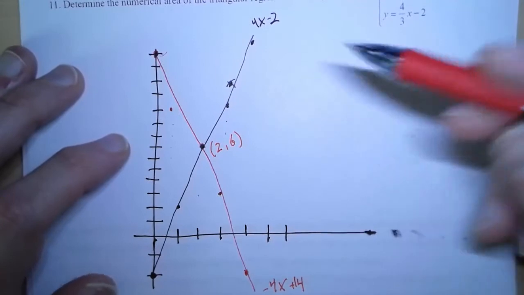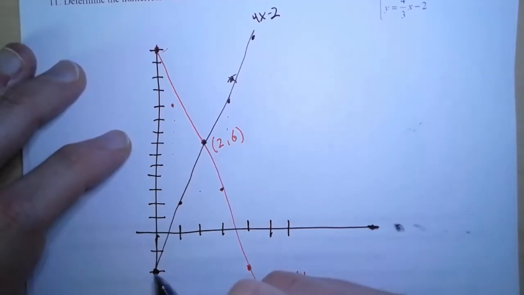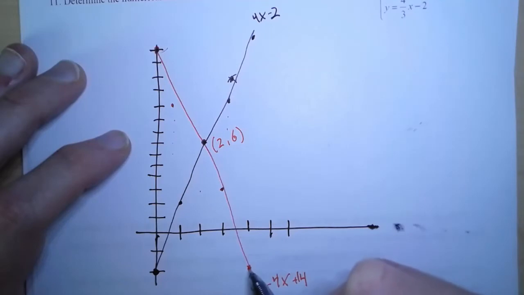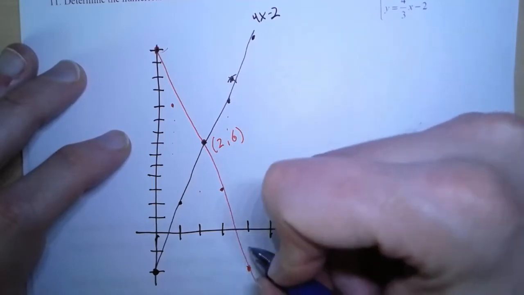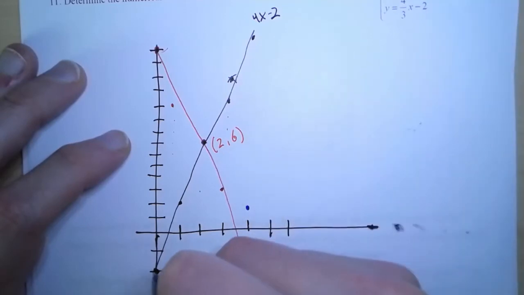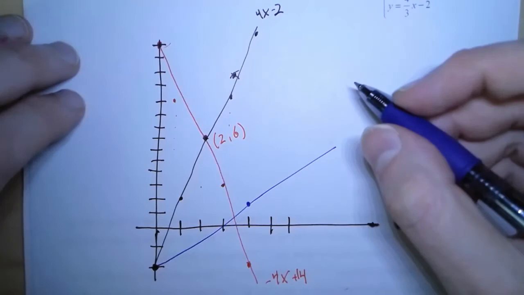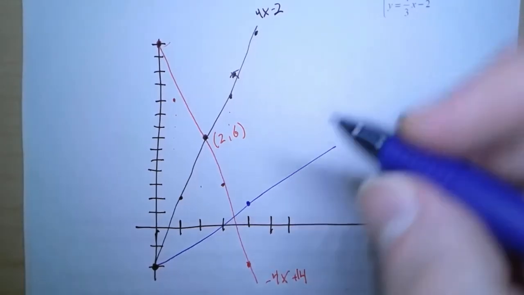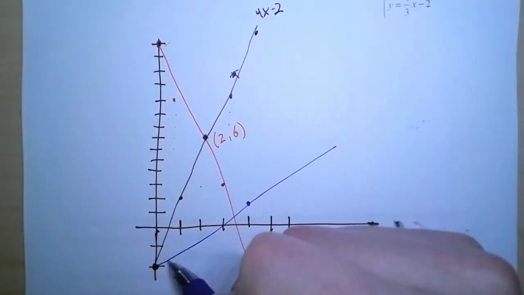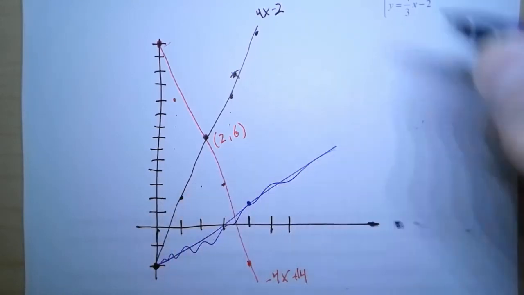Now the last line is 4/3 x minus 2. So we start at negative 2, and we go over 3, 1, 2, 3, and up 4. Whoops, I did that incorrectly at first; I should have gone over 3.